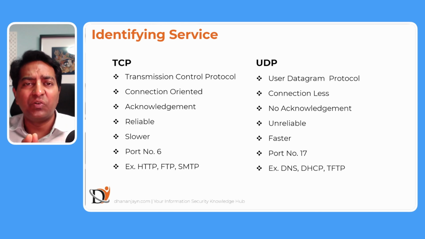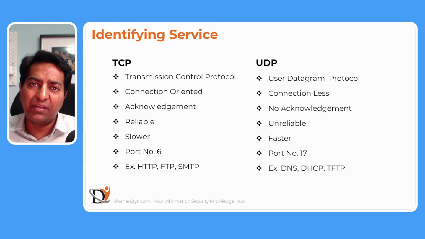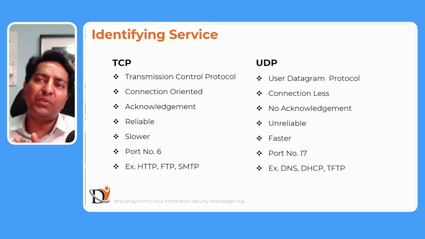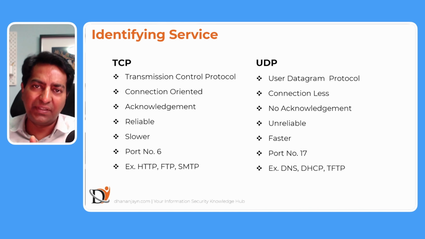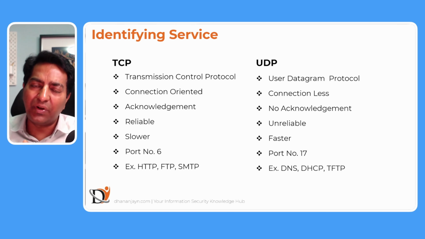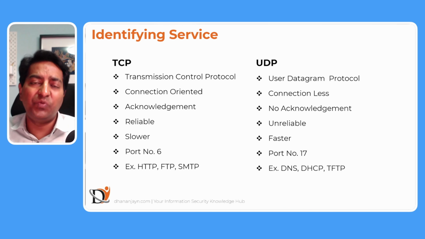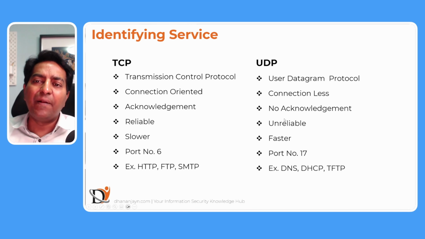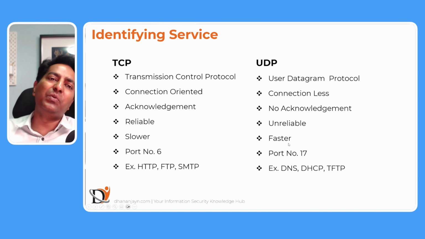It could be a service where you just need to send your voice, send an image, or share your screen. It's not necessary that every time you receive acknowledgements. In such situations, UDP comes in handy. That's where it is known to be faster as compared to TCP. So TCP is slower as compared to UDP.